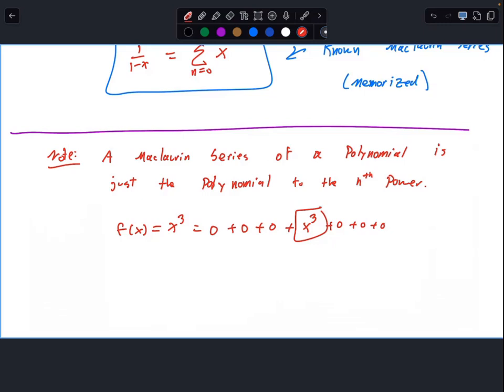After doing all that, what is the general term for that Taylor or Maclaurin series? It can be pages of work. But if we know these two facts, a known Maclaurin series and that the Taylor series of a polynomial is just that polynomial, we can utilize some nice mathematics.